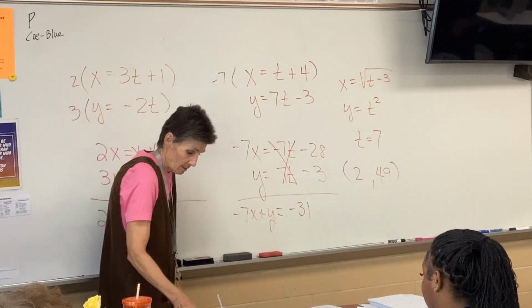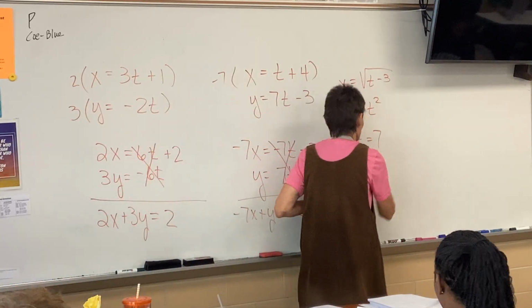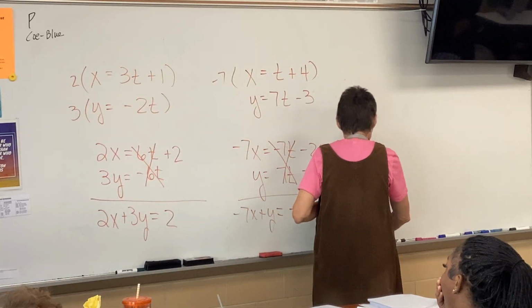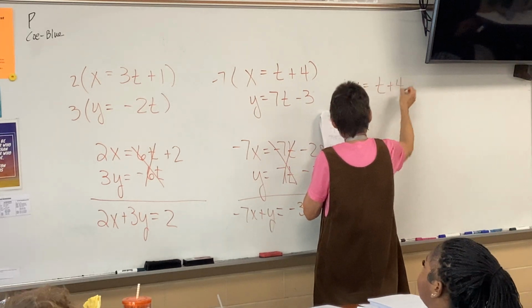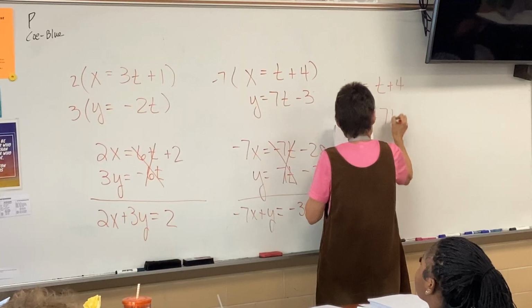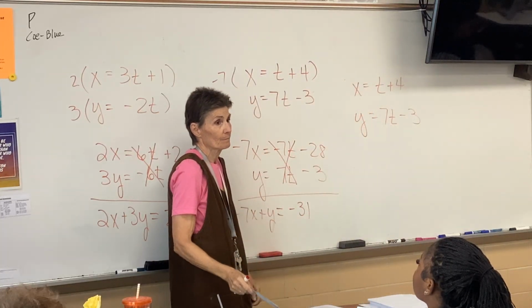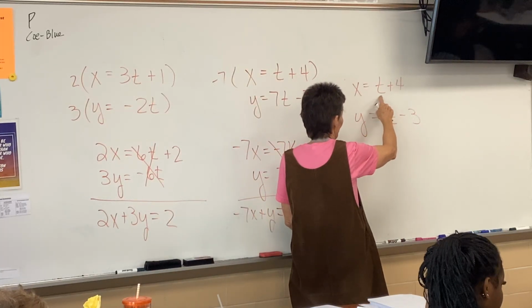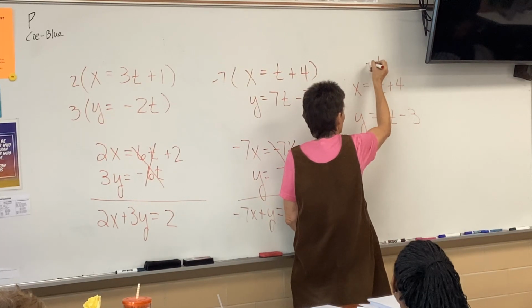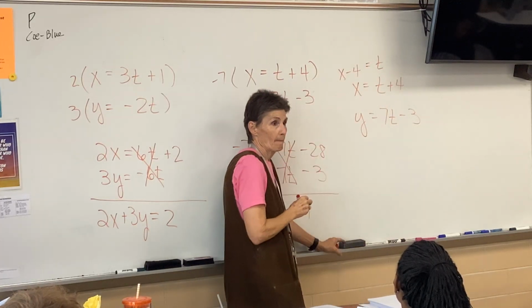Now, on that particular problem, I want to show you another strategy. I'm an eliminating person, always, but you could substitute. In other words, I could get t by itself by subtracting 4. Does that make sense to you?